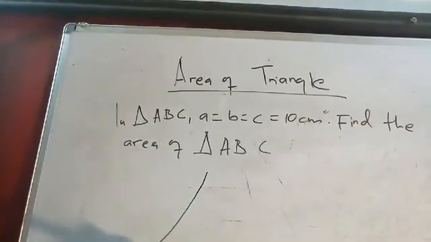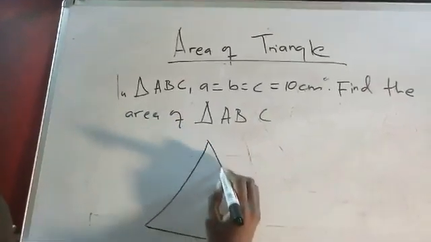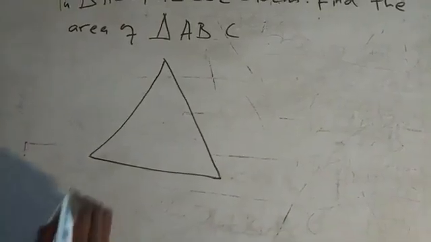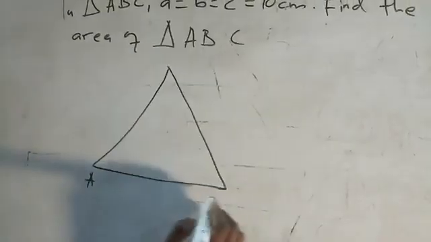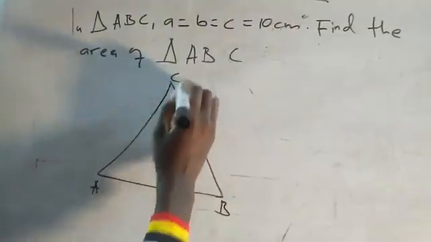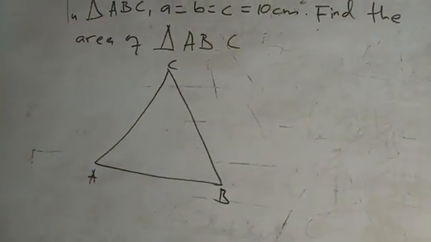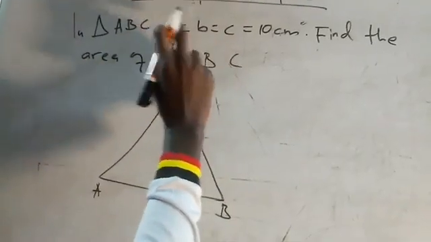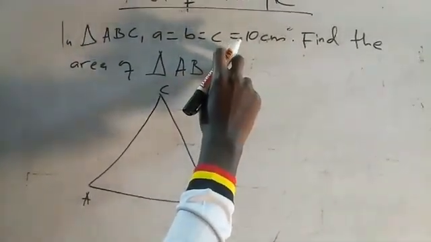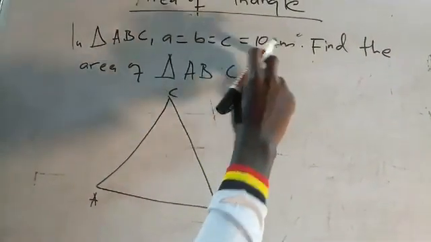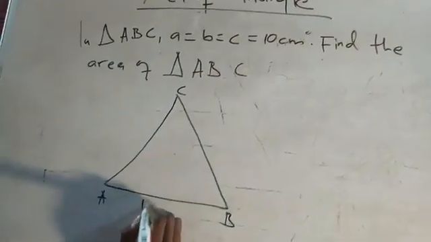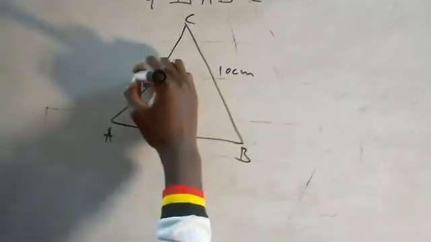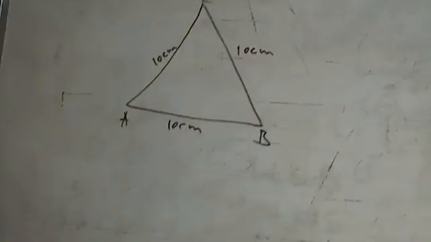ABC. They said that these sides are all equal and they are equal to 10 centimeters. So it means here it will be 10 centimeters, 10 centimeters, and 10 centimeters.